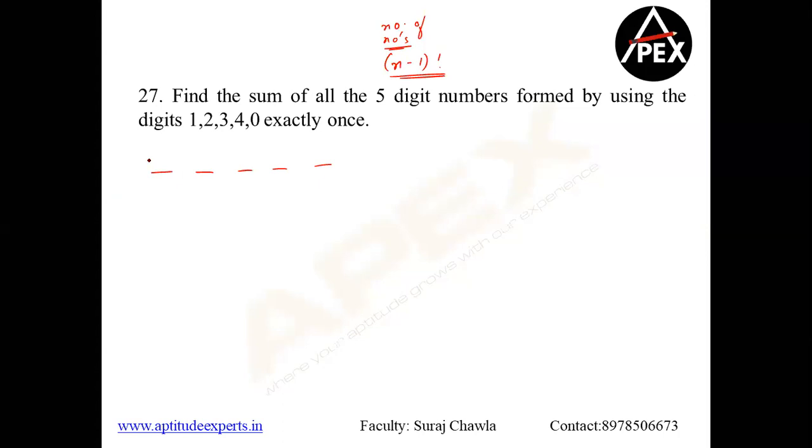Now, if I block my first place with either 1 or 2 or 3 or 4, that's why I made you understand the formula here. So if 1 is placed here, how many numbers can be formed? 4 factorial numbers can be formed. Clear? And the place value that 1 will be contributing is ones, tens, hundreds, thousands, 10,000. So this is how your numbers will be formed.